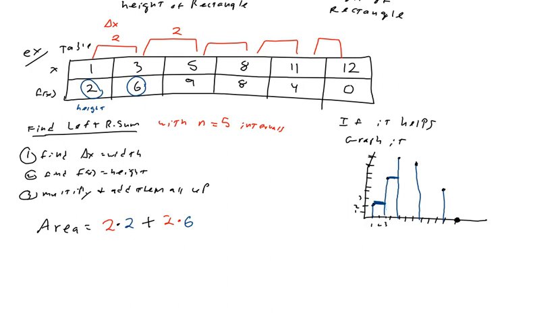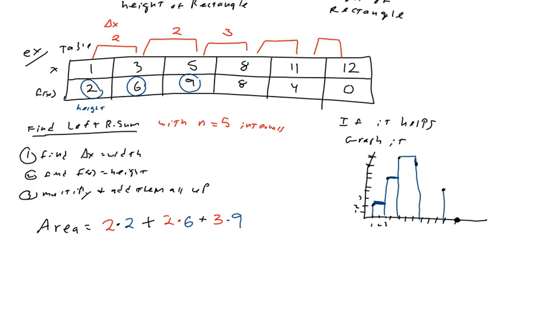I'm using the left edge, you see how I'm having the left edge making the height from the left side. Next rectangle from 5 to 8, that's 3. So plus width of 3 times the height of the left edge, which is going to be 9. And that's this height here. So this one's a little taller than the other one. That's fine.